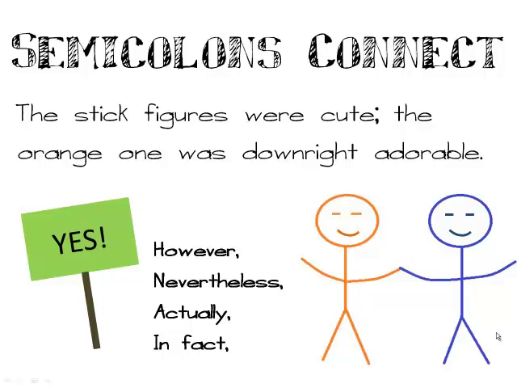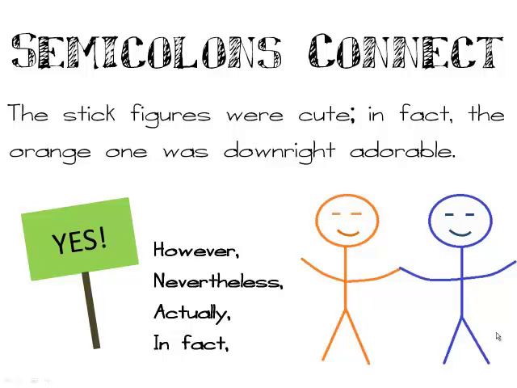So when I insert them after the semicolon, it looks like this. Semicolon, in fact, comma, and then my second sentence. And so in this way, we can use transition words with semicolons, but this is only for words that are adverbs or conjunctive adverbs, and not for simple conjunctions like and or but.